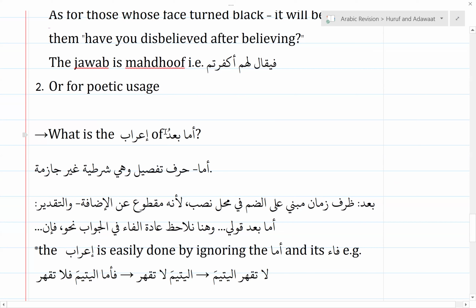If it had a mudaf ilayhi, then we would say amma ba'da qawli, after my speech, and then it will have a fatha. But because we don't say the qawli part, the mudaf ilayhi, it has a dhamma.